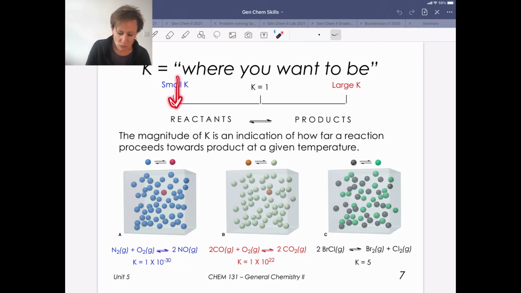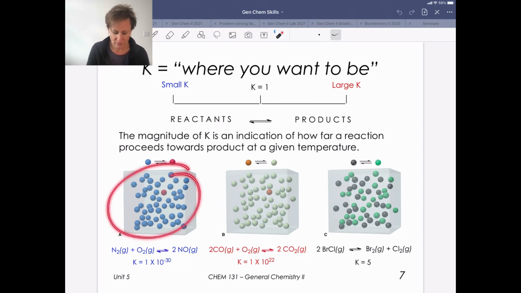So that equilibrium constant sits above the reactant side of my equation. So that tells me I favor my reactants. And looking at what we have here from a pictorial standpoint, if I'm just interconverting blue and red molecules, I have mostly blue molecules here. That makes sense. My equilibrium lies on the left, on the reactant side.